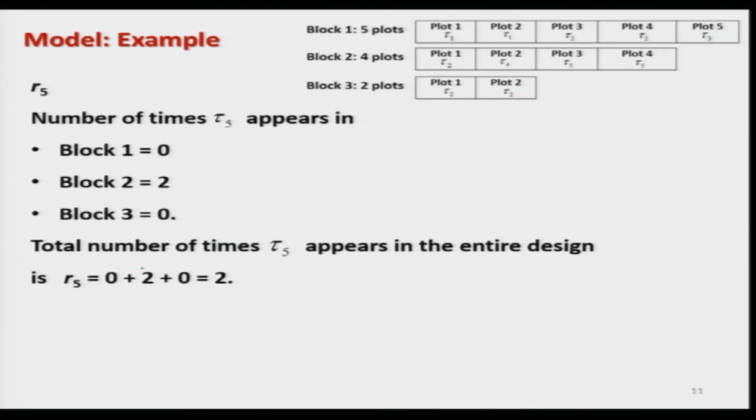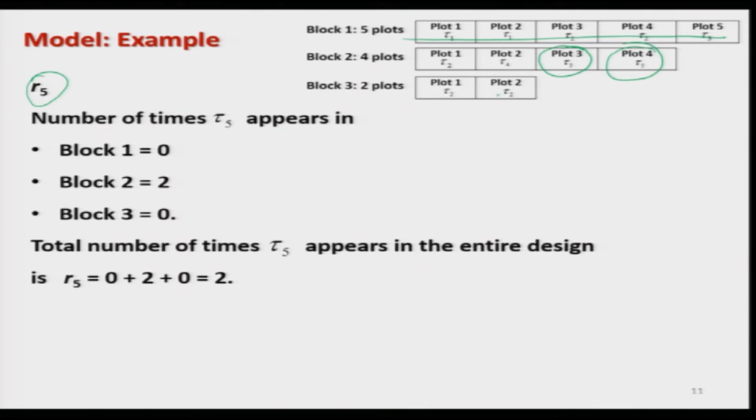And similarly, if you try to see R5, the total number of times treatment number 5 is appearing in block number 1 is 0. There is no treatment number 5 in block 1. And similarly, in block number 2, treatment number 5 is appearing in plot number 3 and plot number 4. So, in this case, it is appearing 2 times.